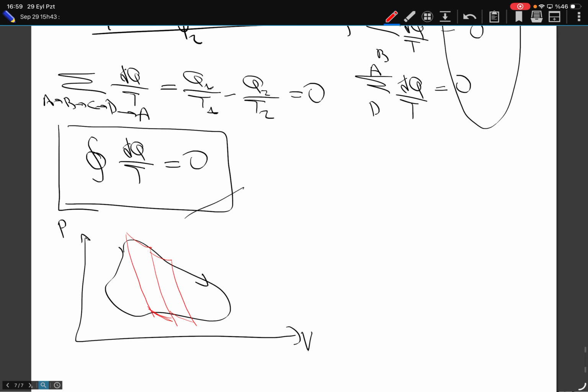Another Carnot engine along this line. Over here. And over here. And also here. I'm just imagining some other hypothetical Carnot engines.